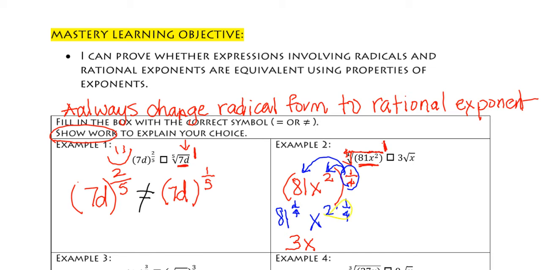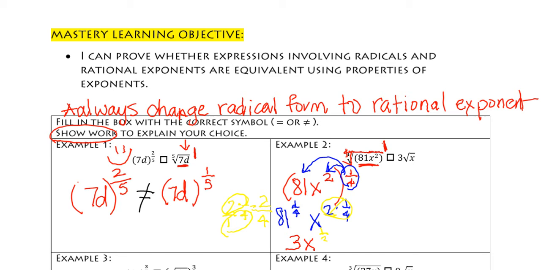So this would be 2 times 1/4. 2 is really 2/1. So you multiply 2 times 1 is 2, 1 times 4 is 4. And then 2/4 is reduced to 1/2. So that's going to be my power there. Great. That is the form we want.